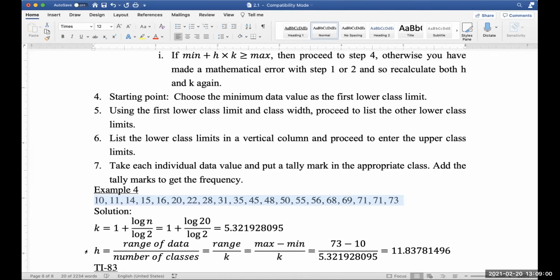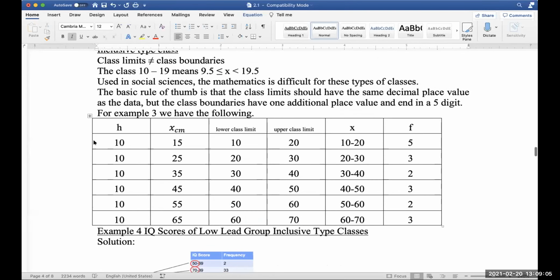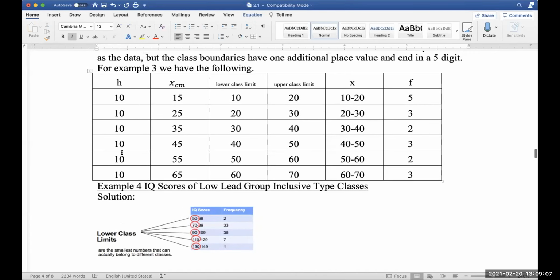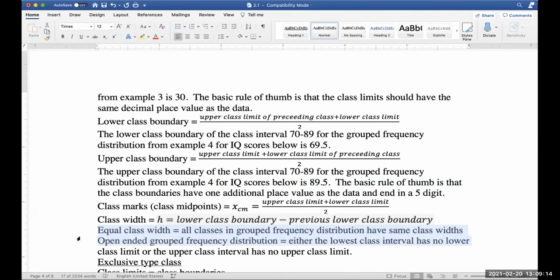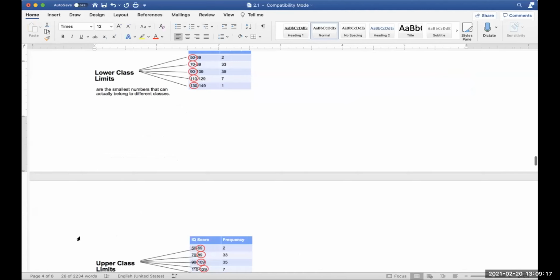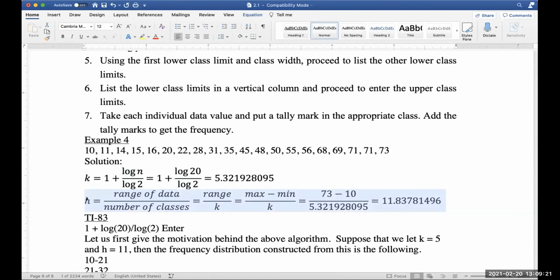But the class width should be to the same place value as your data. And this obviously is not to the same place value. So you're going to have to figure out something from there.